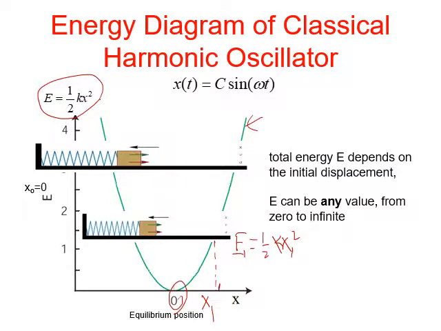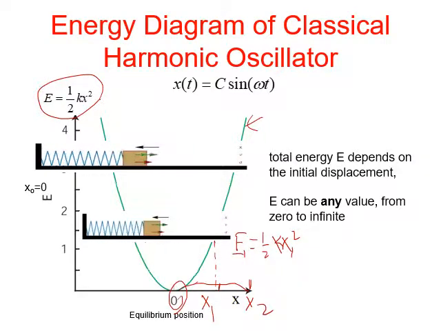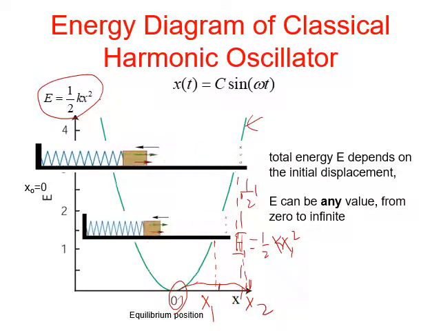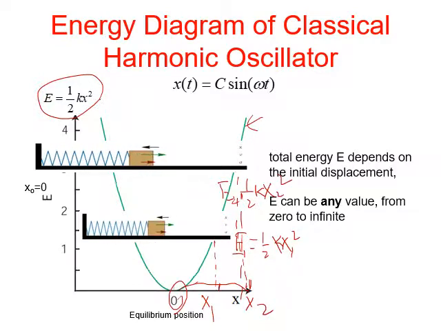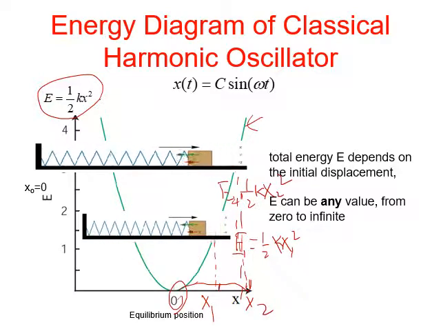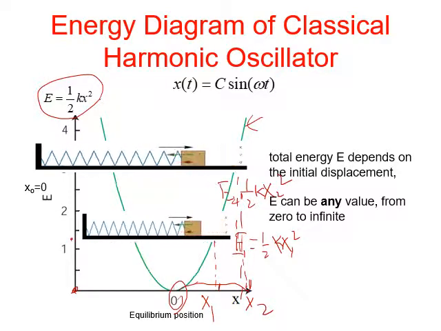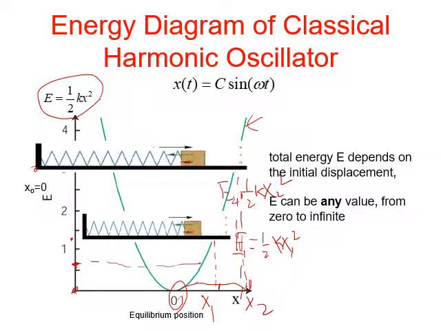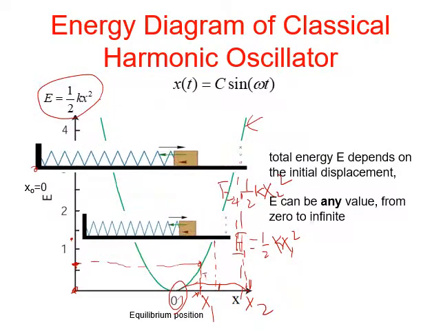If the displacement is x2, then the energy E2 is half k x2 squared. So again, you can see the energy can be any value: it can be 0, E1, E2, or any value here. If the displacement is x, the energy is half k x squared.